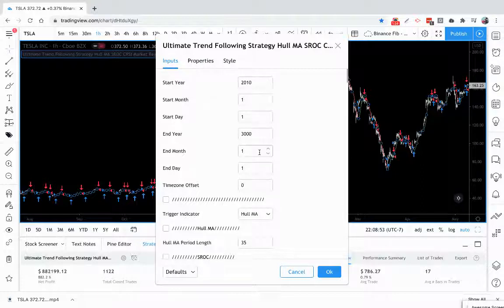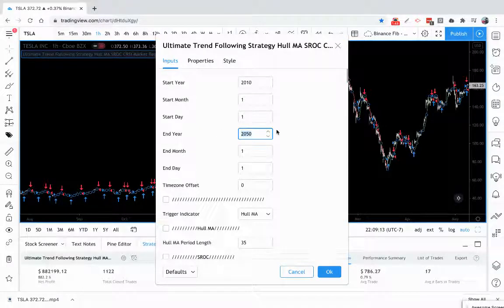First thing we're going to want to do is set our time frame of when we want to trade. If we're looking for trades between 2010 and any day in the future, right now we have the year 3000, but it could be any day in the future, 2050 or whatever you want.